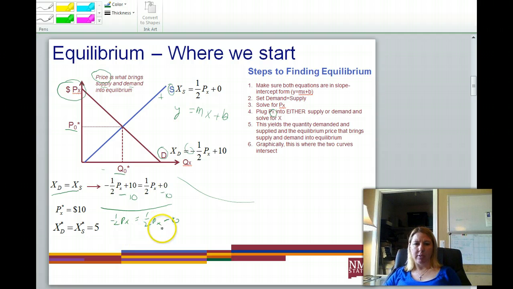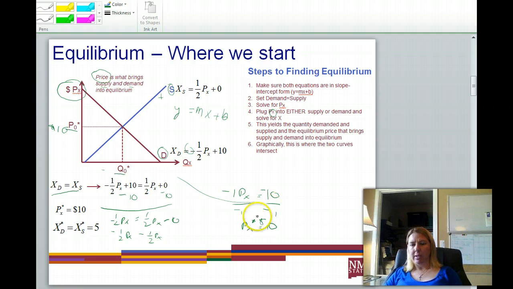Then I would subtract 1/2 px from both sides, and so then I have negative 1 px equal to negative 10. Obviously, if we just divide by negative 1, we have p of x equal to 10. So we know that the optimal price in this marketplace is equal to $10.